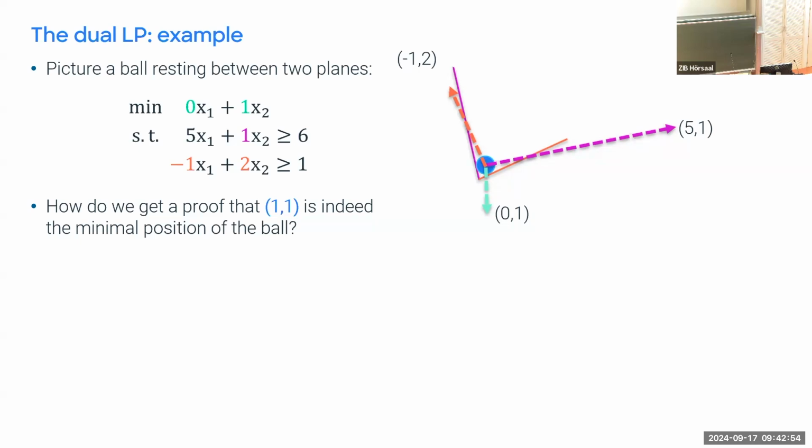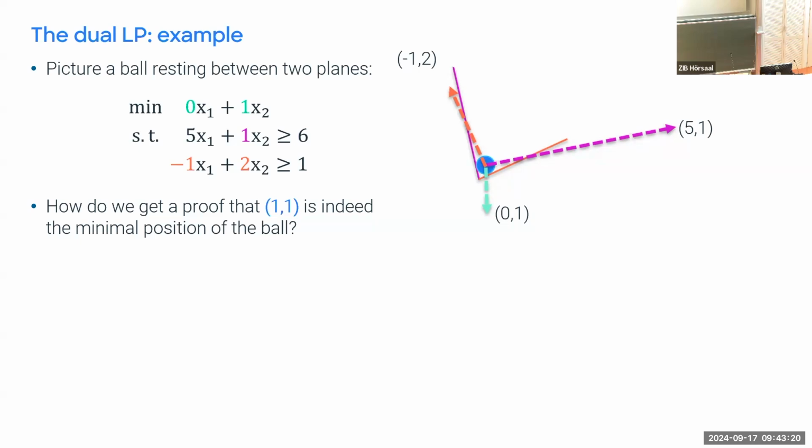But how do we now prove that the ball cannot actually be lower? How do we do this? Well, in physics, why is this ball stable? Because the two forces that act upon it, to the right and to the left top, act against this objective function.